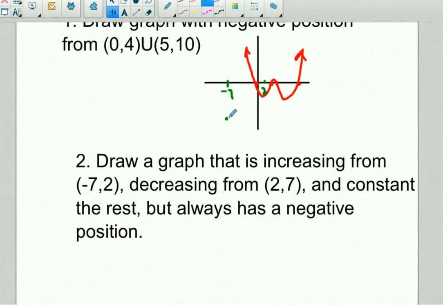So -7 to 2, and just draw a straight line. That's still negative position, but it's increasing over that interval. Decreasing from 2 to 7. So this is 2, make this 7 here. I can just be decreasing from 2 to 7, and then just constant the rest. So I could just make it look like that. And that fits. That always has negative position.